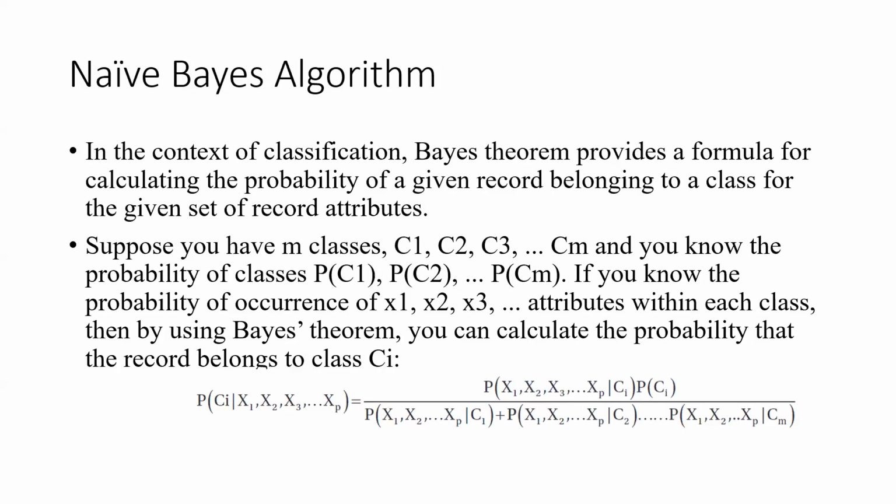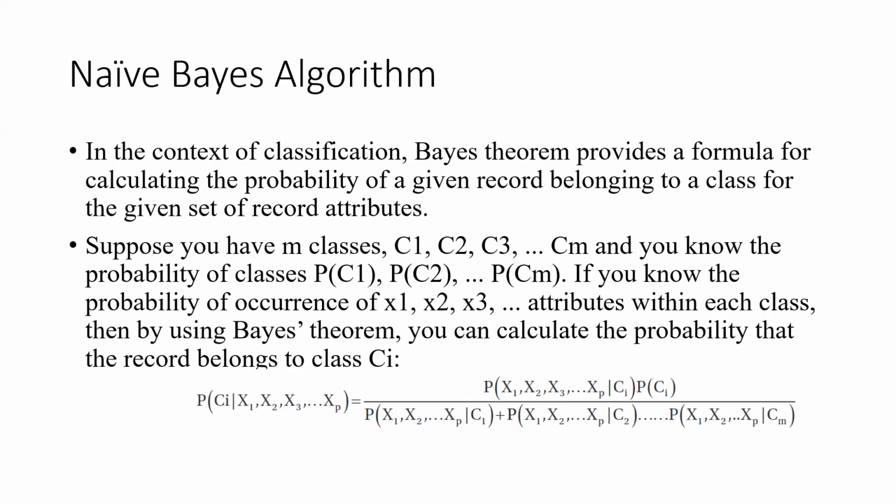So let me go through this. If it's a bit technical, don't worry. When we take an example, I think you can relate to it. Suppose you have M classes, C1, C2, C3, up to Cm, and you know the probability of the classes.